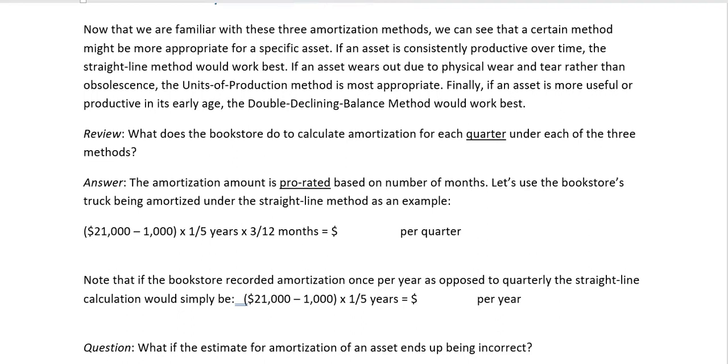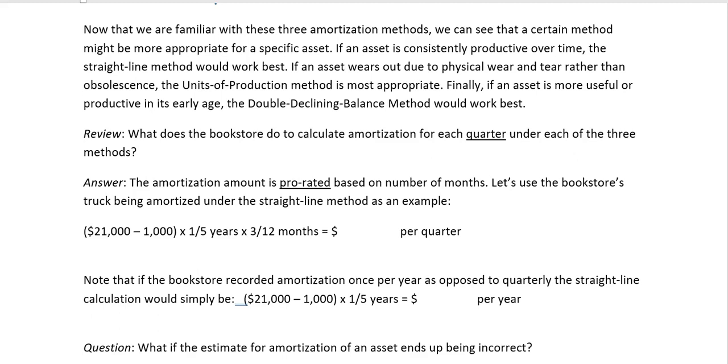Now that we are familiar with these three amortization methods, we can see that a certain method might be more appropriate for a specific asset. If an asset is consistently productive over time, the straight line method would work best. If an asset wears out due to physical wear and tear rather than obsolescence, the units of production method is most appropriate.